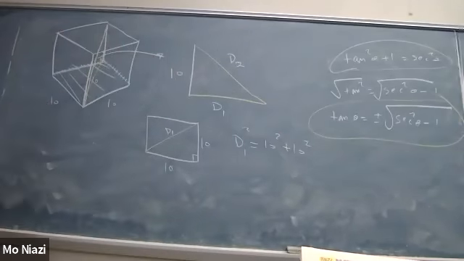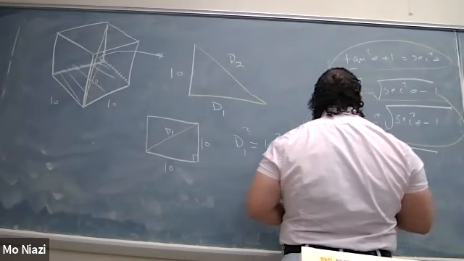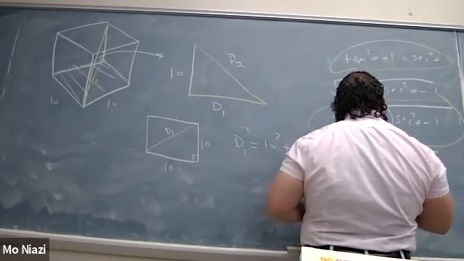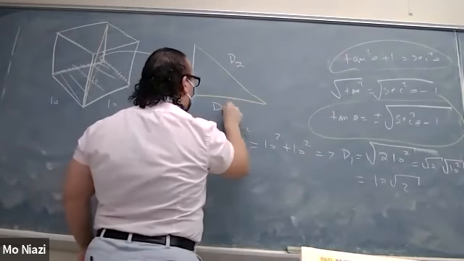D1 squared is equal to 10 squared plus 10 squared by the Pythagorean theorem. So that means D1 is equal to the square root of that, which is 10 root 2, because the square root distributes to both, and the square root of 10 squared is just 10. Okay, so now we know D1, it's 10 root 2.